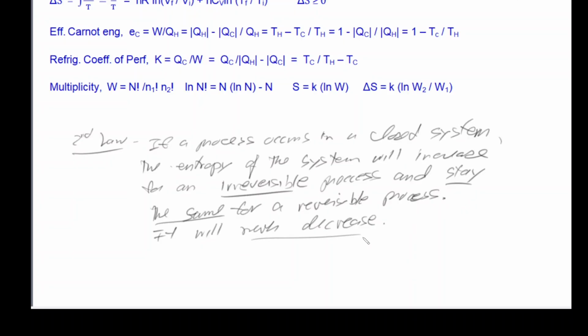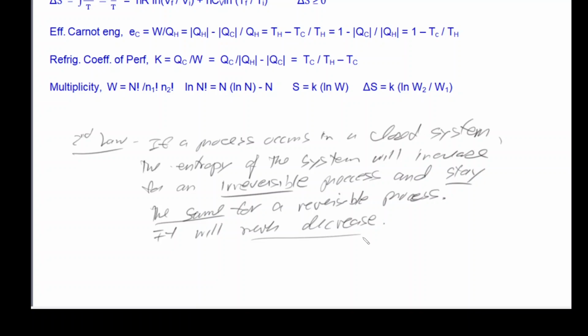If we also consider reversible processes along with irreversible processes, we can modify the entropy postulate to read the following: if a process occurs in a closed system, the entropy of the system will increase for an irreversible process and stay the same for a reversible process.